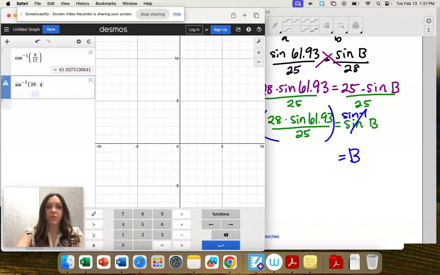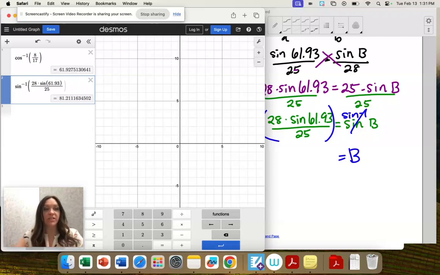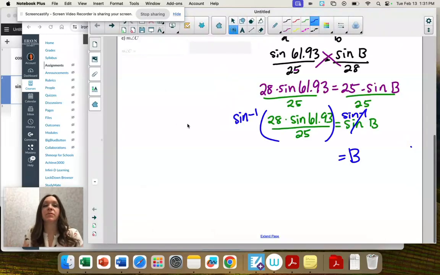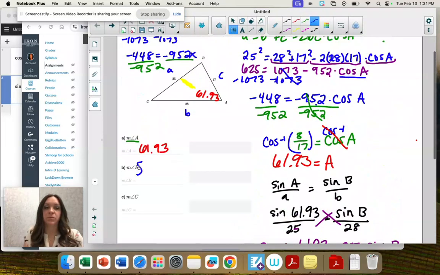So notice how I'm not rounding until the very last step. So rounding to 2 decimal places, I get 81.21 degrees. Oops, that should be degrees.